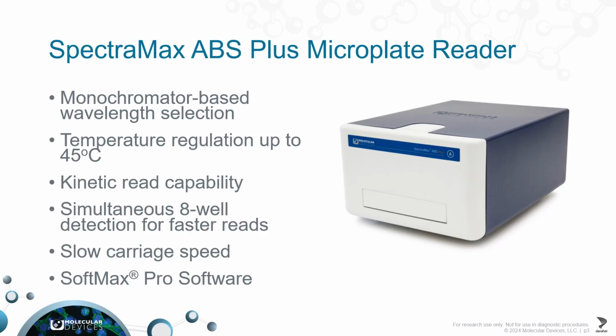Of course, this range does take care of the endotoxin assays, which are run at 37 degrees. Kinetic reads are easy to set up, and as I'll show you, we have preset protocols that automate the analysis for Fujifilm's endotoxin assays. The ABS Plus also has 8-channel optics, so 8 wells are read simultaneously. This means that a 96-well microplate can be read in just about 5 seconds.